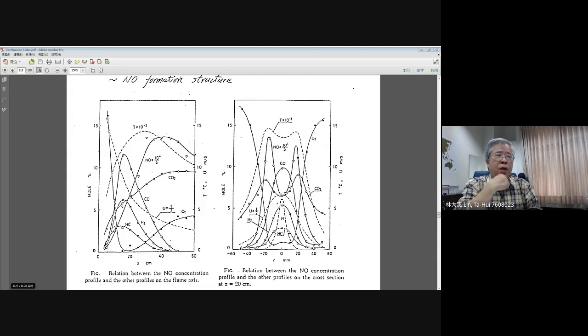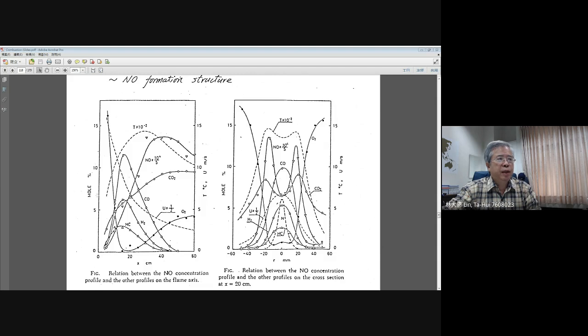As I mentioned earlier, the threshold temperature for thermal NOx formation is around 2000 K. Okay. Then you can see here there is a very small NOx concentration near the injector port, but it increases continuously following the temperature.